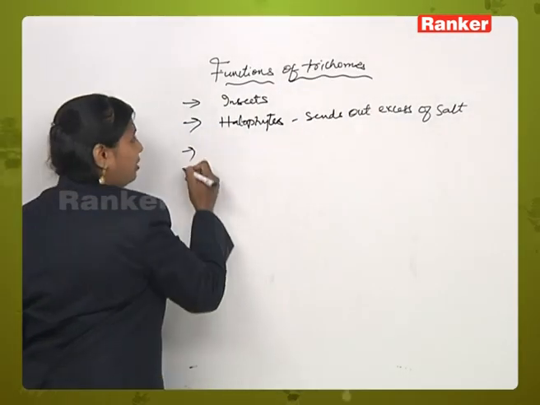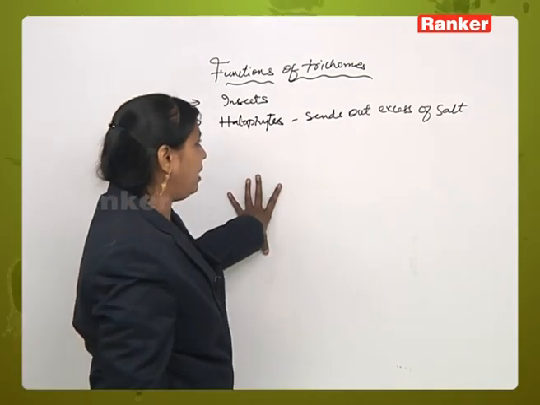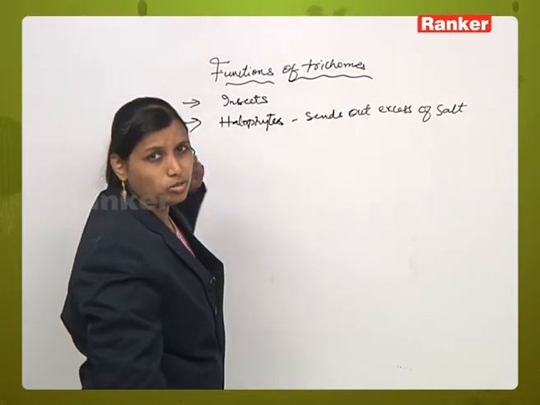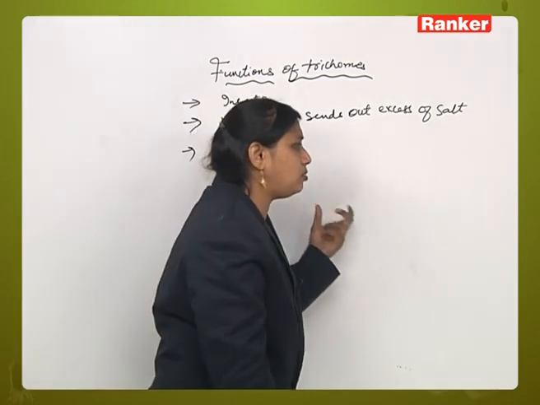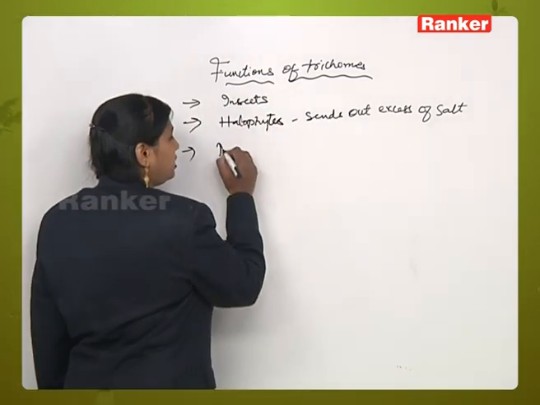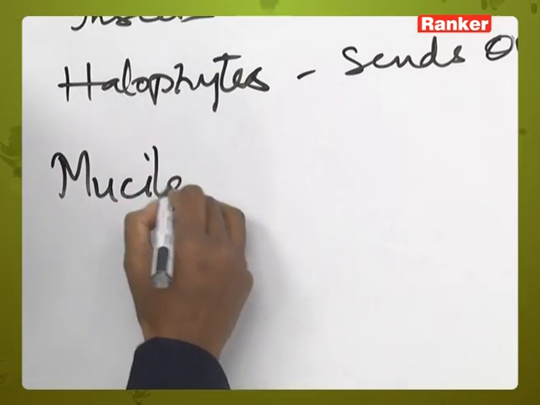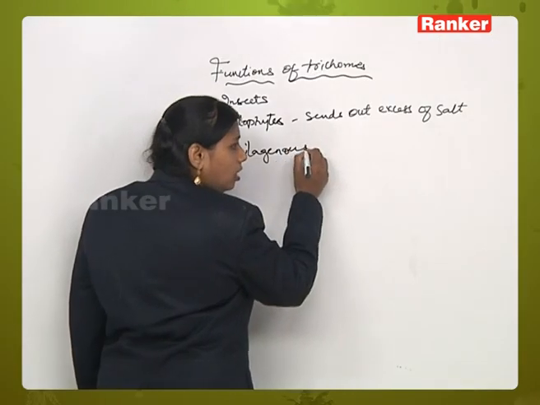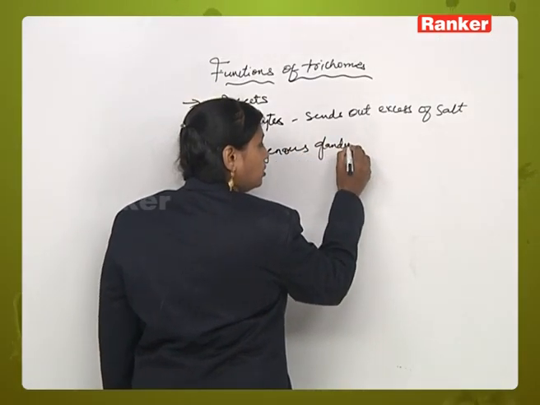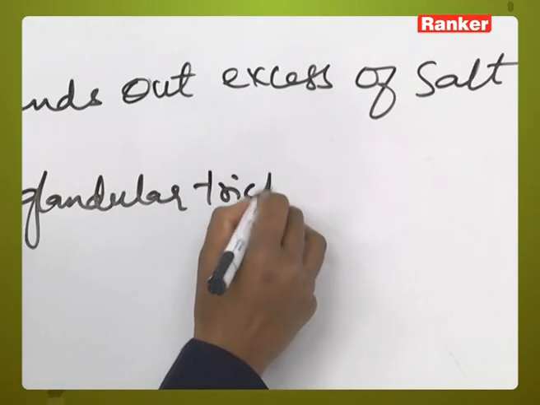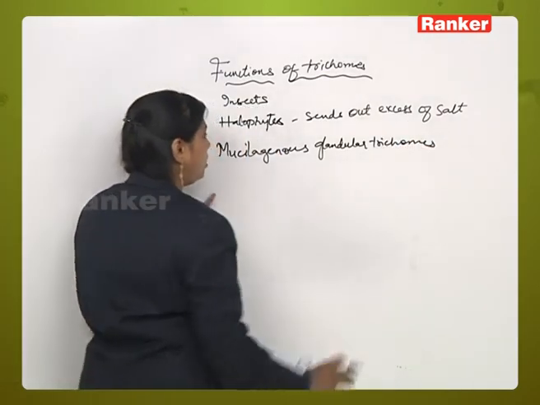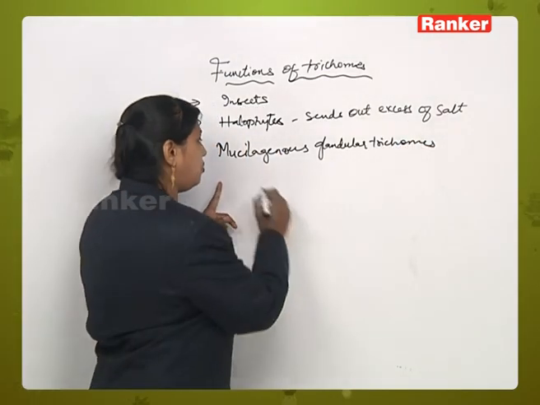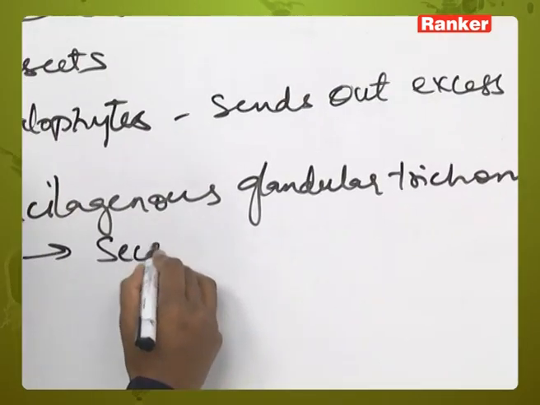Next, there are different types of trichomes which we have not added in this lecture because that is out of syllabus. Some trichomes are called mucilaginous glandular trichomes. What is the use of these trichomes? They are useful for the secretion of mucilage.